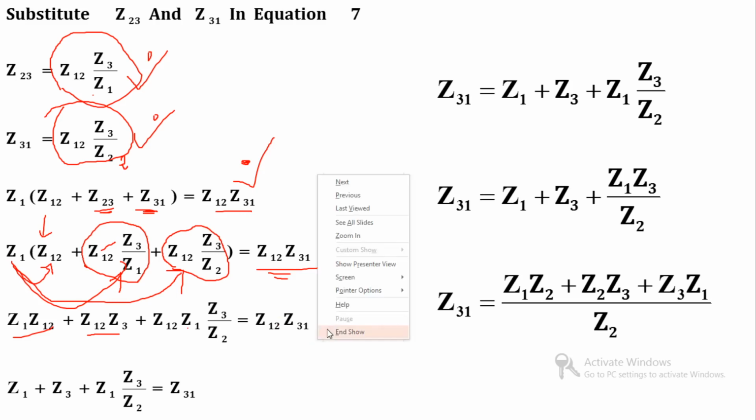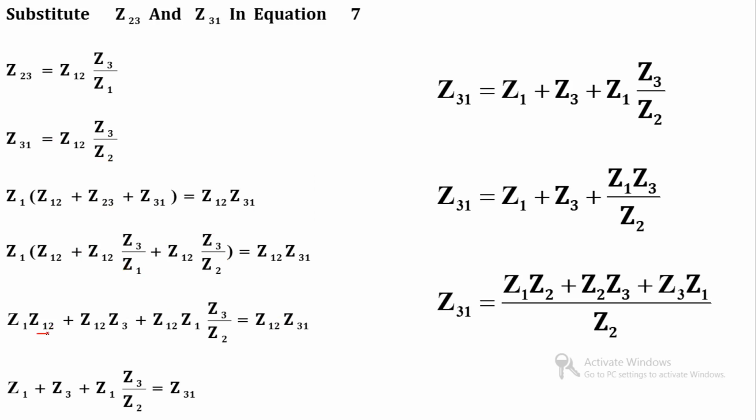So, you can see that in this particular equation Z12, Z12, Z12 and Z12. So, in left hand side we are having a Z12 common, in right hand side we are also having a Z12. So, from both the sides Z12 will be cancelled out.